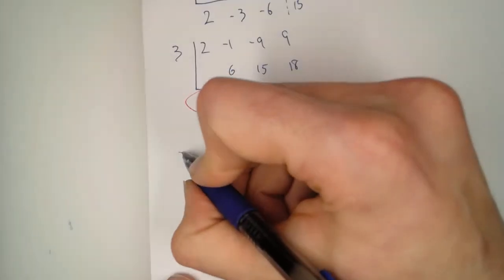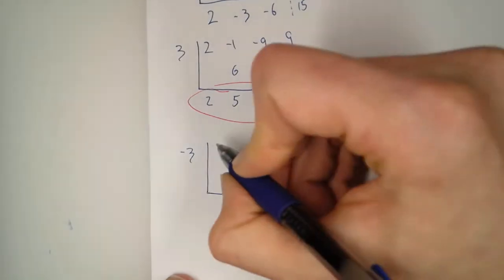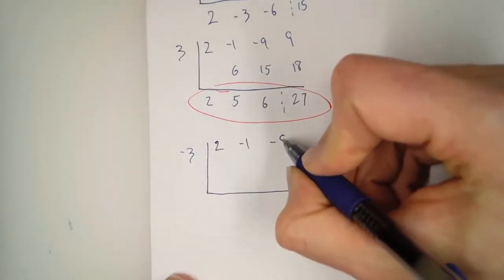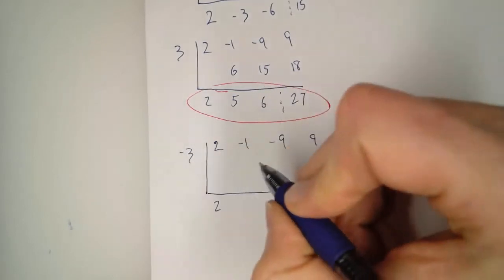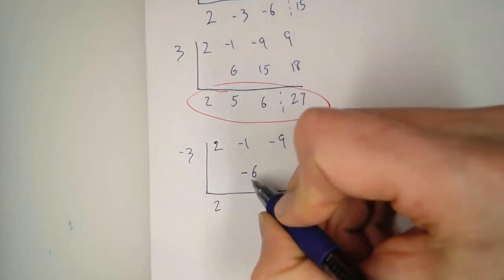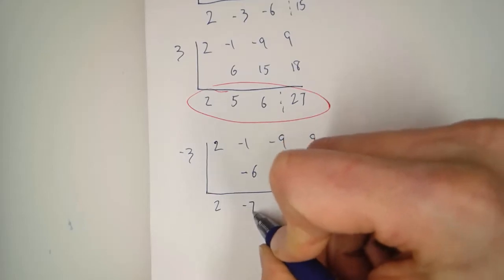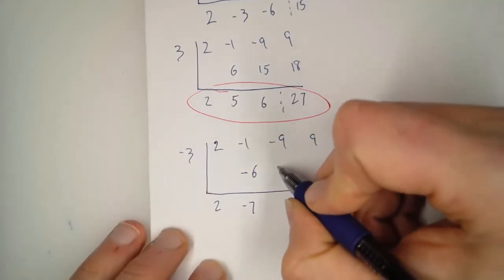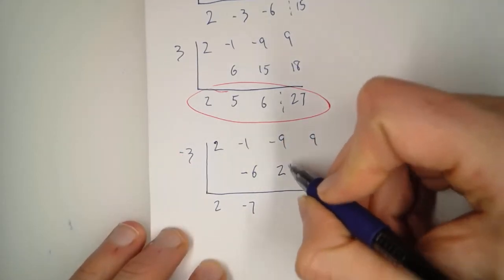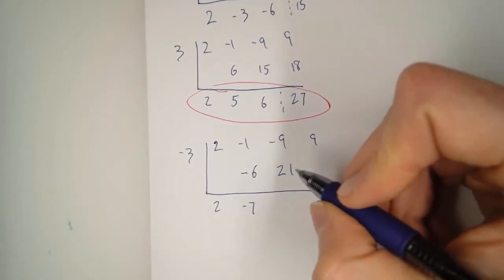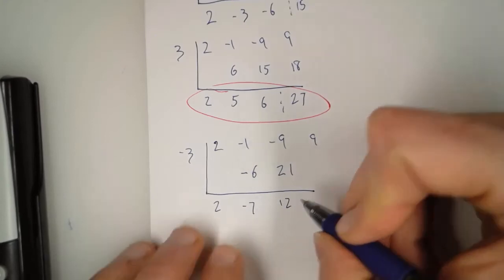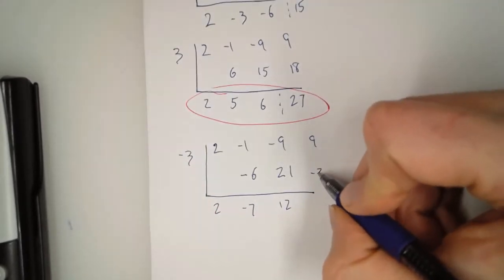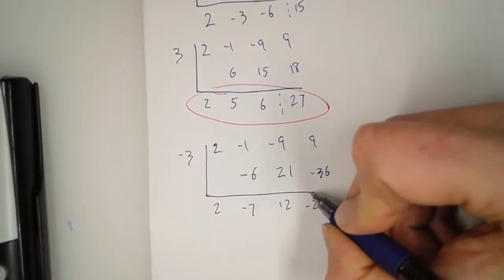So let's try -3. So 2, -1, -9, +9. Bring down the 2. Times -3 is -6. Add these two to get -7. Multiply them to get 21. 21 minus 9, that's going to be 12. 12 times -3 is -36, and that's -27.